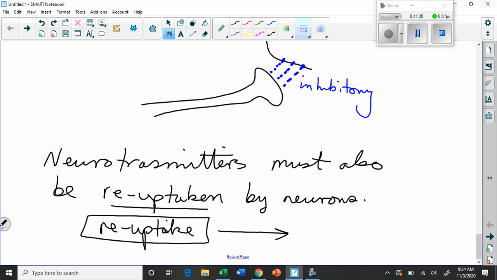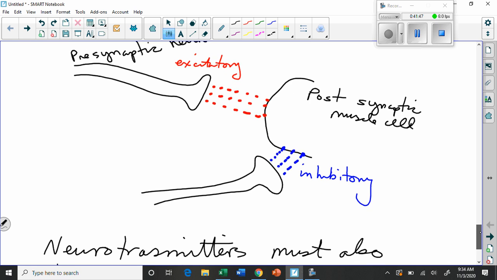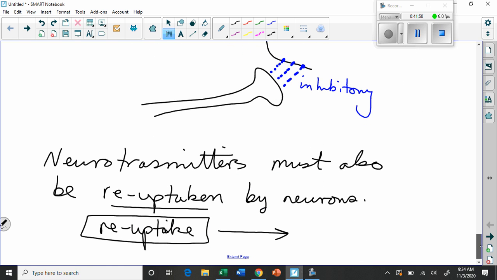A lot of our mental health medications involve neurotransmitters because mental health is a very complex thing. As I said before, you can imagine all these inhibitory and excitatory neurons all acting in the brain. The medications we use try to control some of that. And so sometimes you'll have what's called a reuptake inhibitor, which prevents the reuptake of a neurotransmitter, which effectively increases its availability for a synaptic connection.